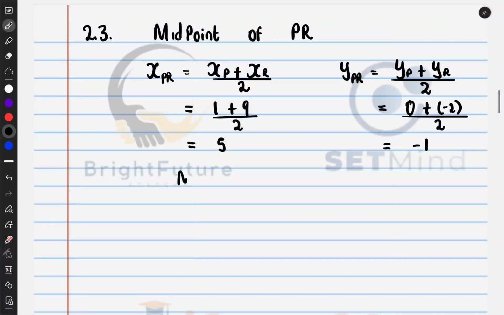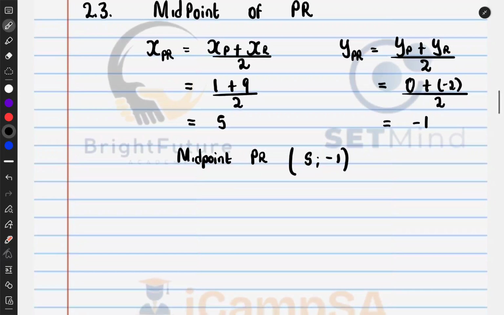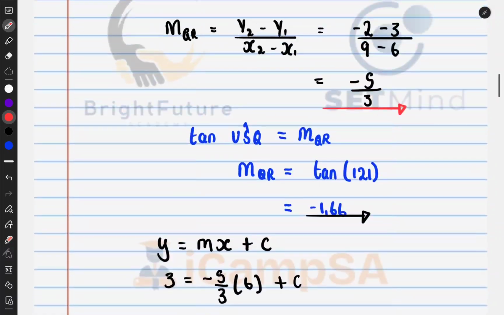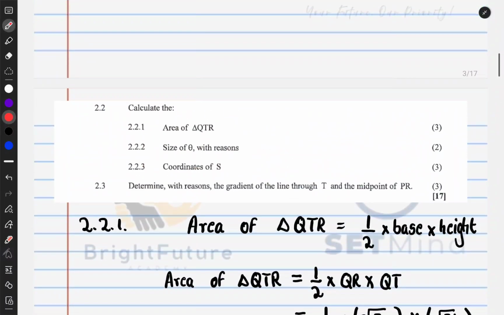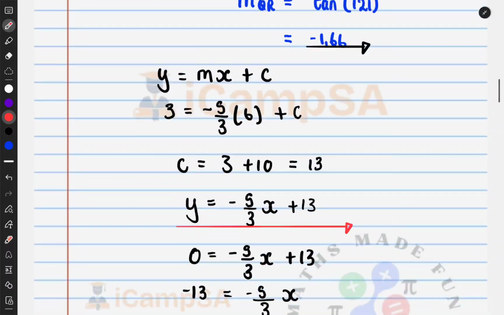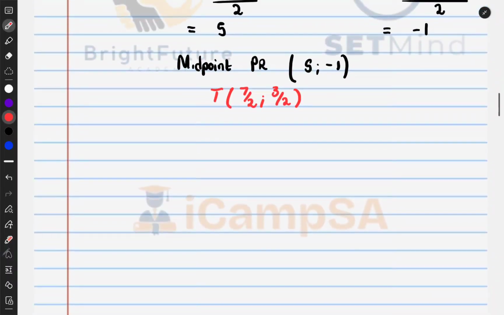Therefore the midpoint of PR is 5 and -1. Now that we have the midpoint of PR and we have the coordinates of T, which if you remember were 7/2 and 3/2, we can now calculate what we were looking for: the gradient of this line, by using the gradient formula.